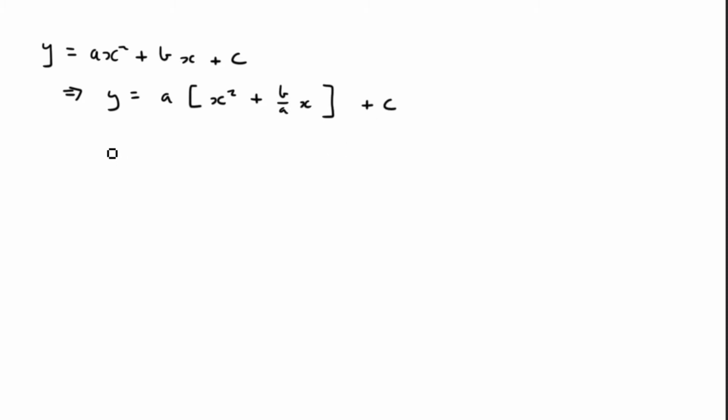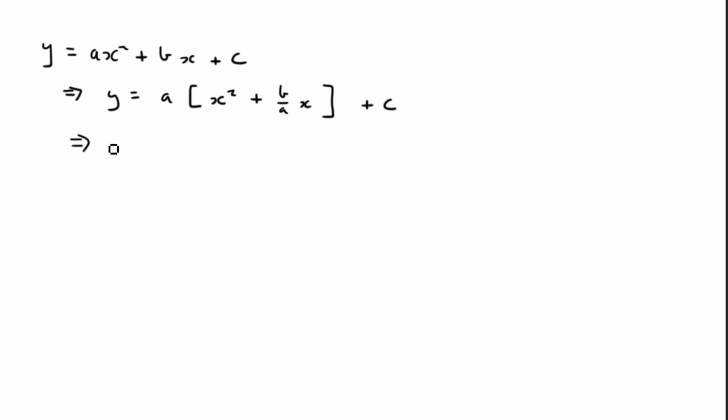We are considering a curve y is ax squared plus bx plus c, where a, b and c can be any numbers. And the first thing I am going to do is rewrite this using completing the square. So first, let's factorize out the a from the first two terms, giving me a into x squared plus b over a x's, and we'll still have that plus c term on the end.